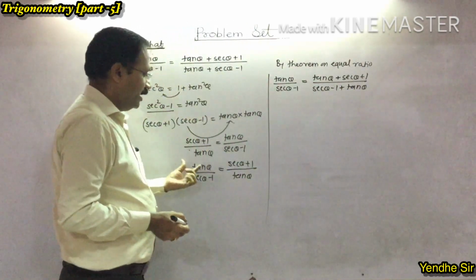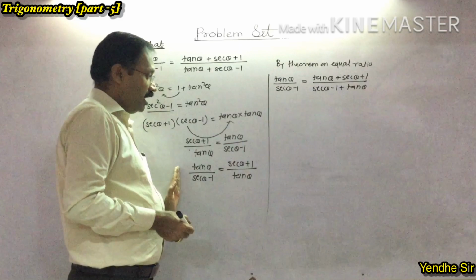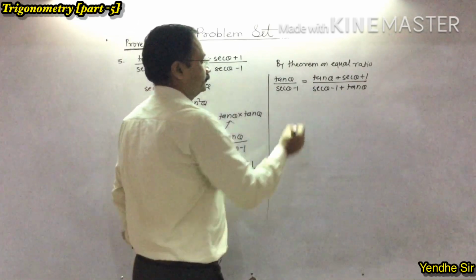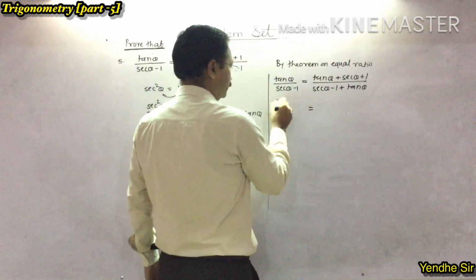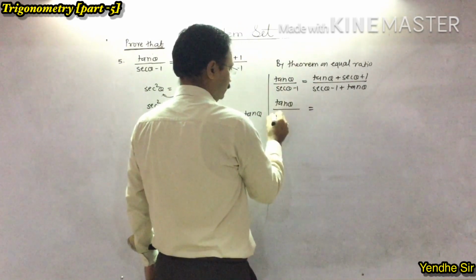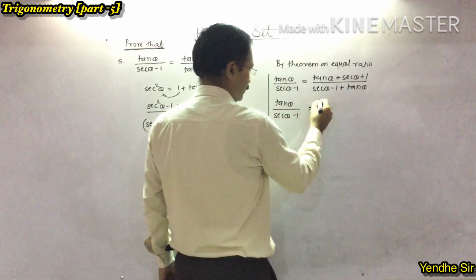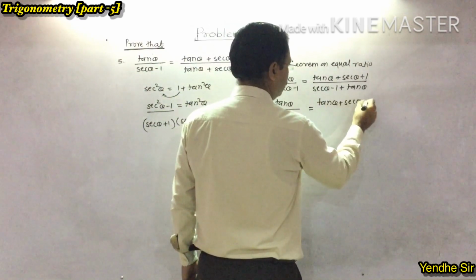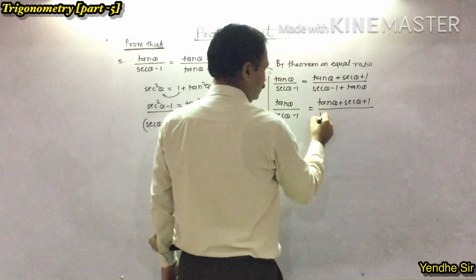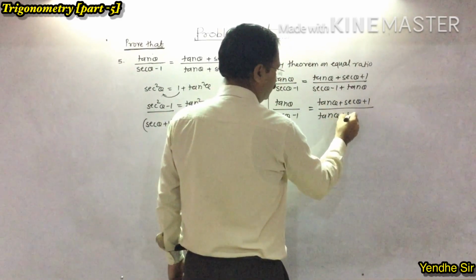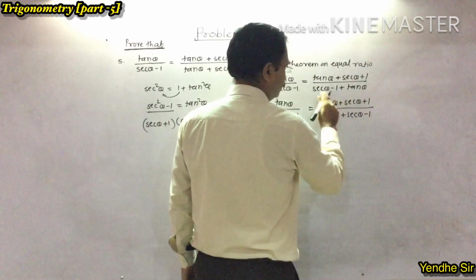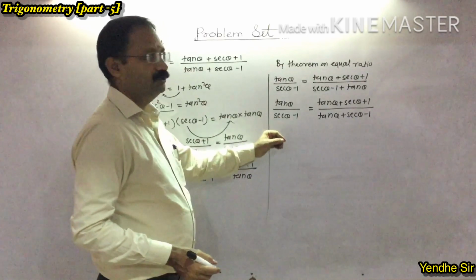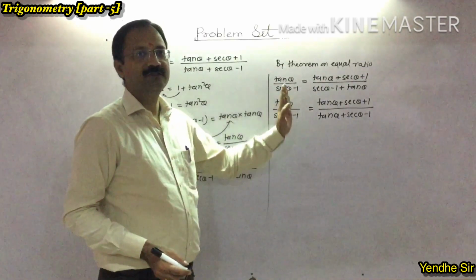So I have added from L to R, and same for the denominator. So rearrange it: tan theta upon sec theta minus 1 equals tan theta plus sec theta plus 1 upon tan theta plus sec theta minus 1. Rearrange it and you will get the answer. Hence it is proved.